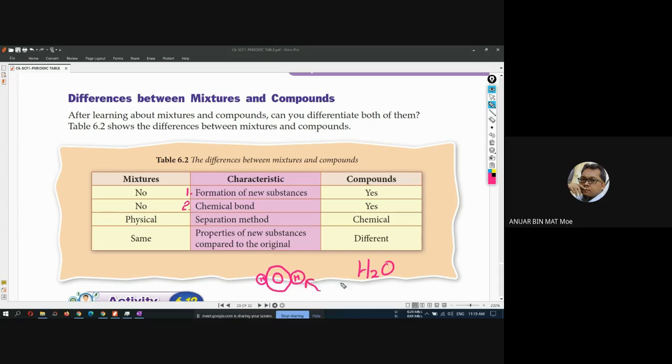This is H2O. So this is what we call a bond, B-O-N-D. It will stick together.